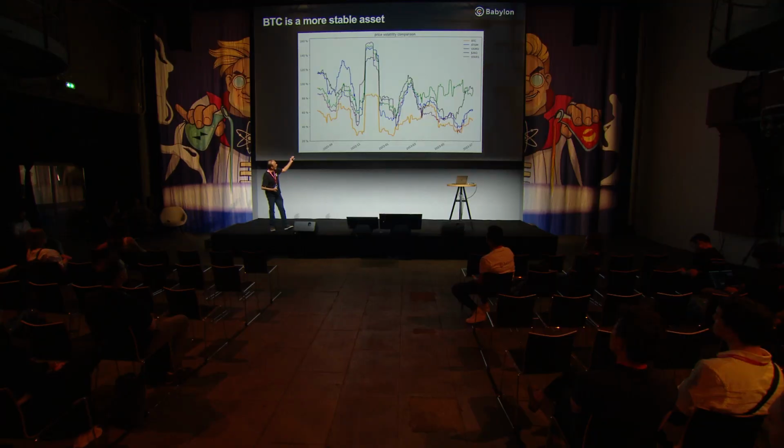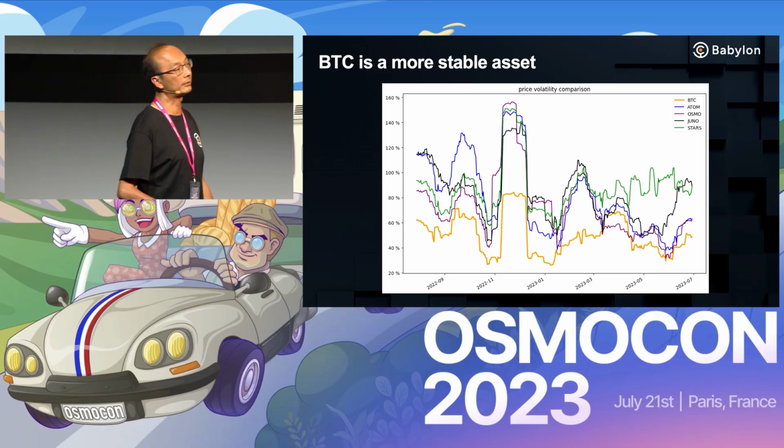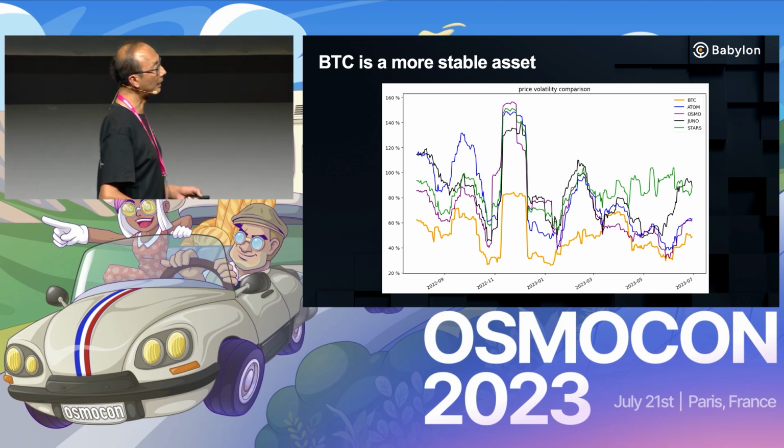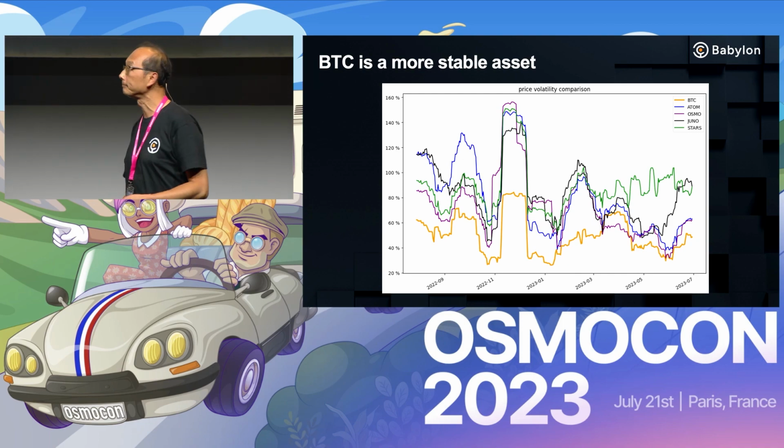And security is as good as the weakest link. So therefore, you want a stable asset. And Bitcoin, you can see, is relatively stable. Of course, still quite volatile in the crypto world, but stable compared to all these other assets.